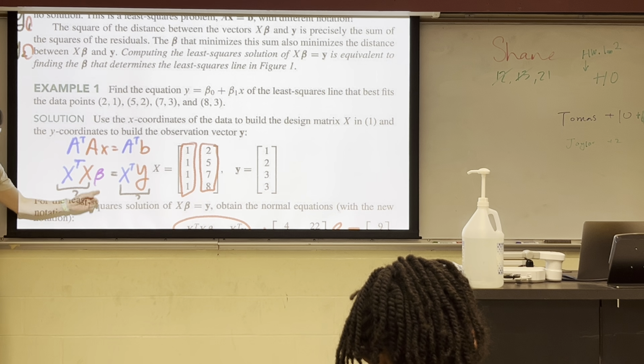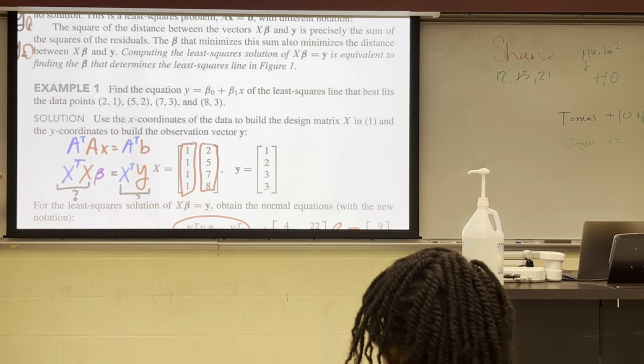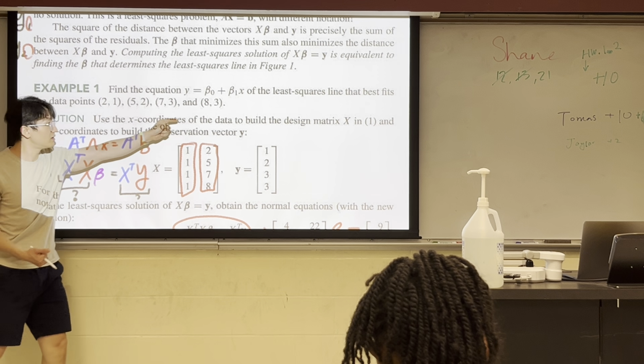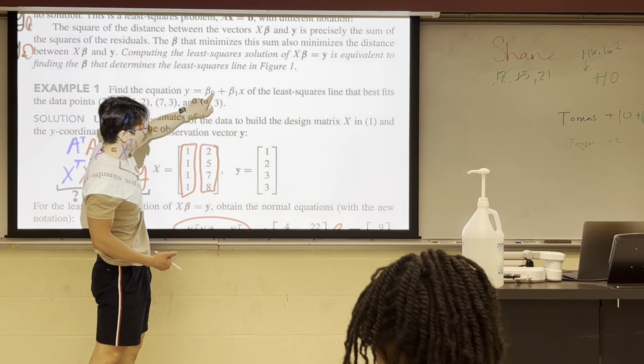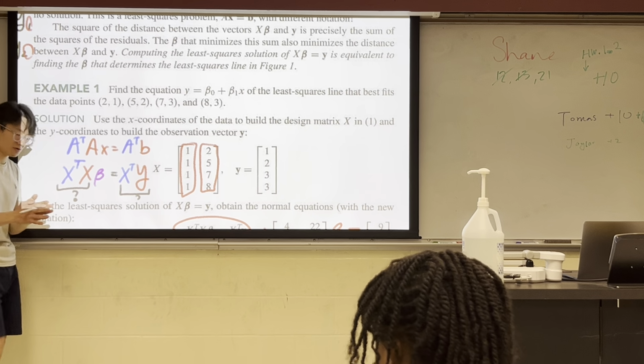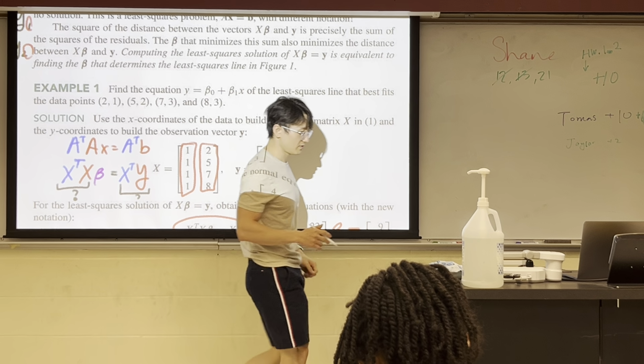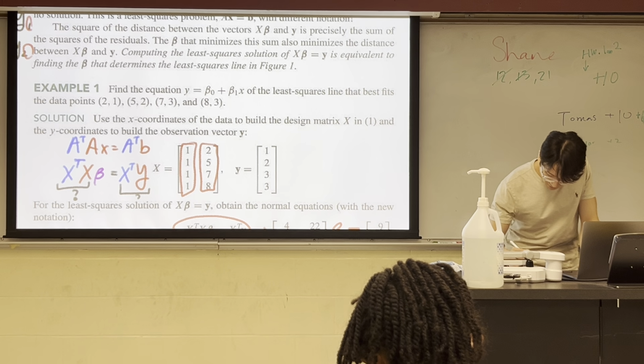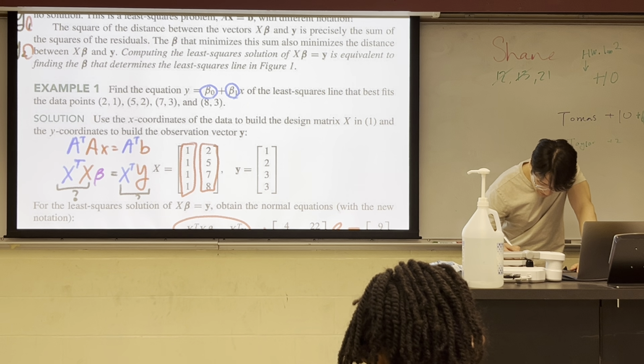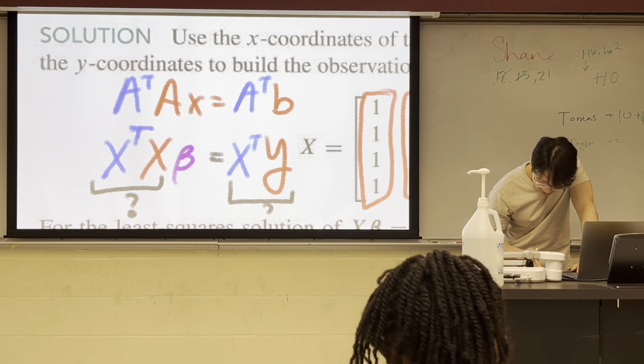Now I want to find beta, I mean the coefficients, beta 0 and beta 1, because we want to find a linear function that fits best for this data set. I have to find only beta 0 and beta 1. This is all I want. How do you find? Use this formula.